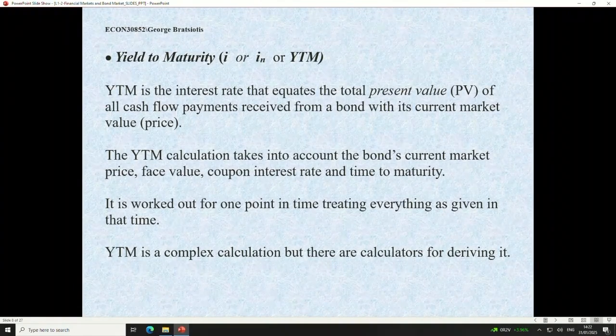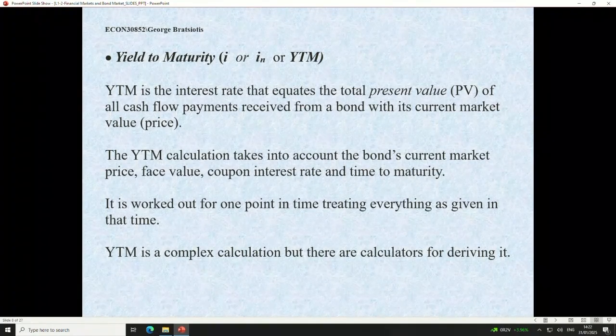Does that make sense? Otherwise, you will never be able to accurately pin down the yield to maturity. That's why it's called the yield to maturity. Therefore, if you take the money before it matures, because you sold the bond, that's not the yield to maturity you'll be receiving. The idea is that you reinvest all the money back into that bond.